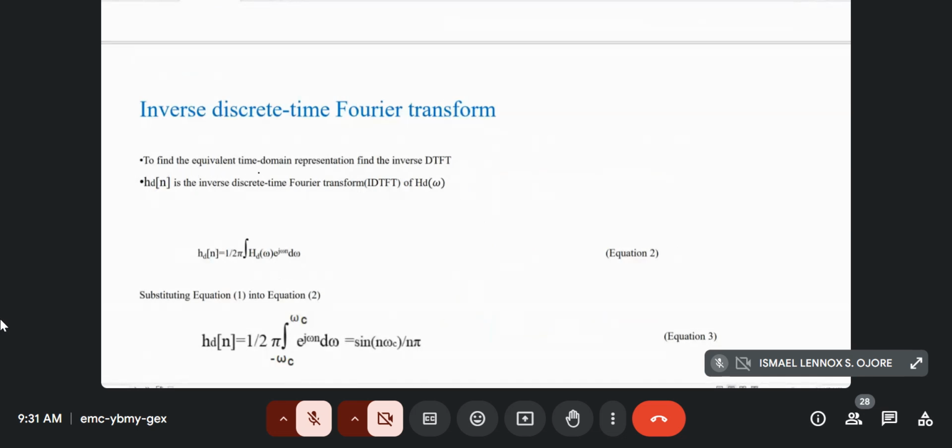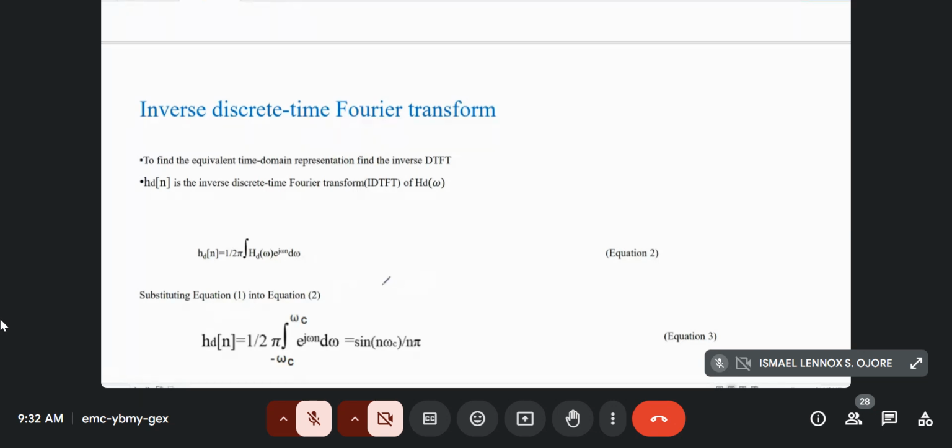To find the equivalent time domain representation, find the inverse of this DTFT. So h_d[n] is the inverse DTFT of H_d(omega). So h_d[n] will be 1 over 2 pi, integral from negative pi to pi, of H_d(omega) e^(j omega n) d omega.